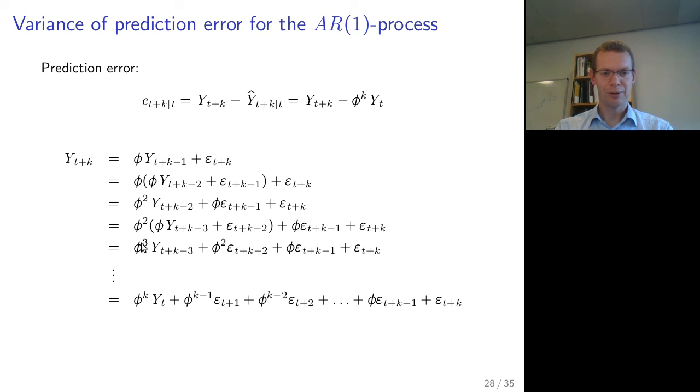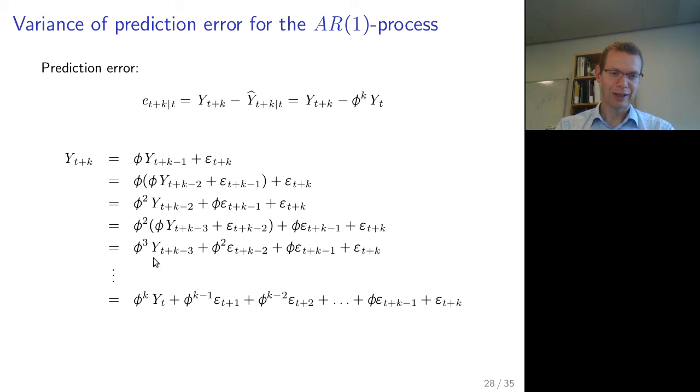Note the exponent there and how far you go backwards in time. Likewise, you have phi to the second power epsilon_{t+k-2}, phi to the first power epsilon_{t+k-1}, and then there's nothing, it's just the epsilon_{t+k}.